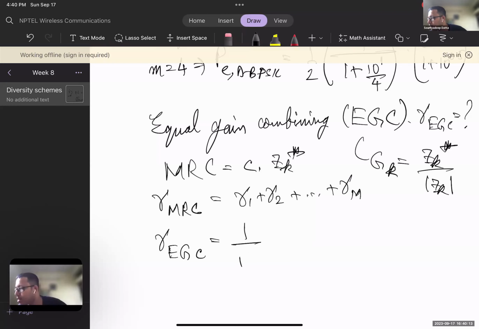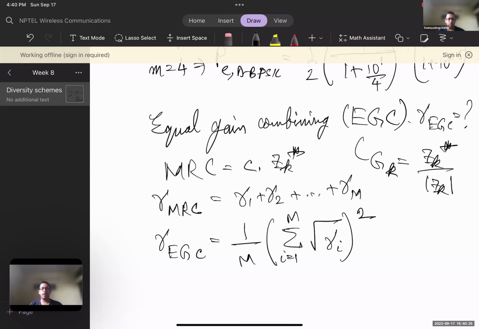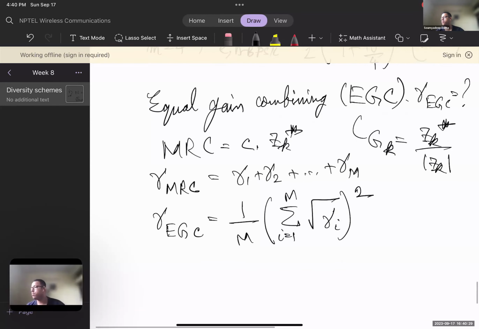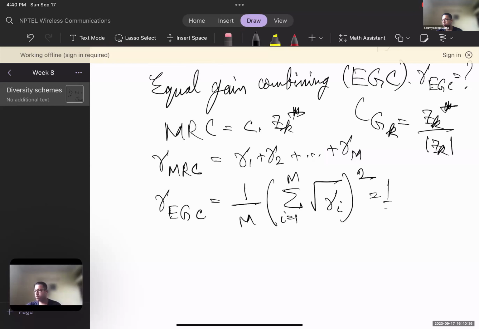For equal gain combining, you will be averaging the square root of SNR and then squaring the whole thing. So this is something that can be derived, but I'm not going into the derivation. So for two antennas, this will be half times root over gamma 1 plus root over gamma 2 squared.